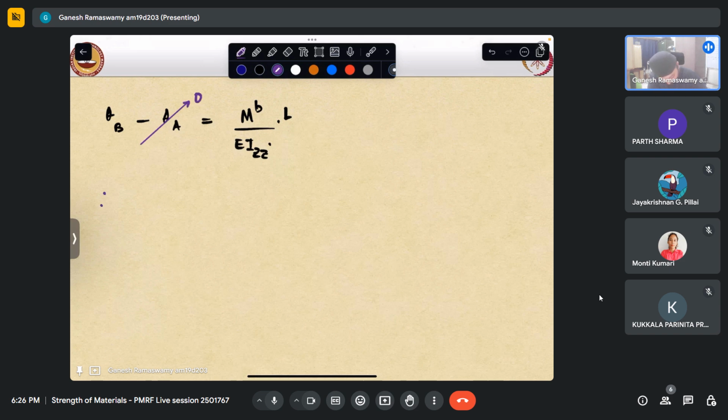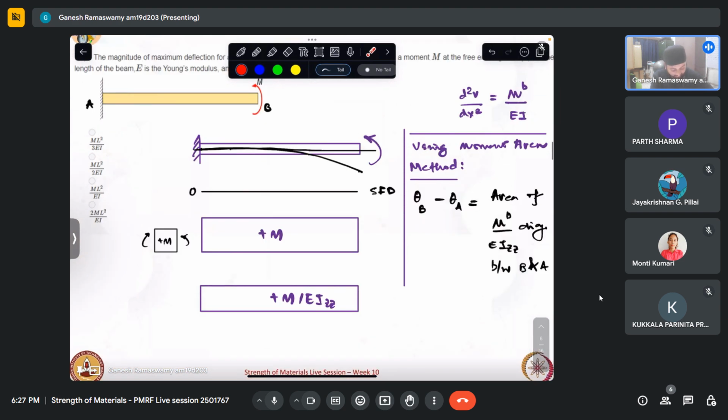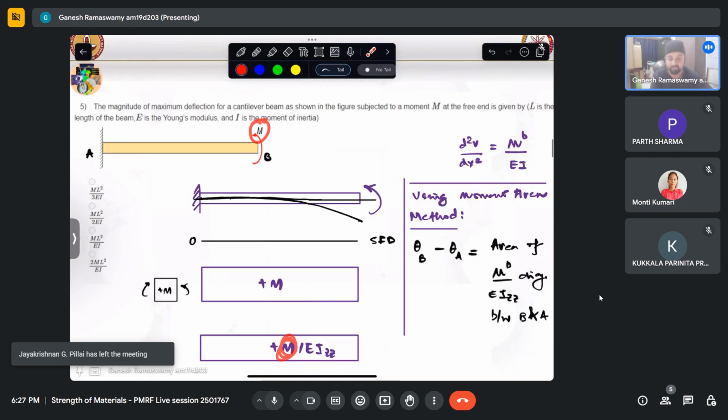So therefore, this directly gives me theta B is ML by EIZZ. I'm writing MB. When we actually read out the value of MB, it will come out to be M, which is applied.